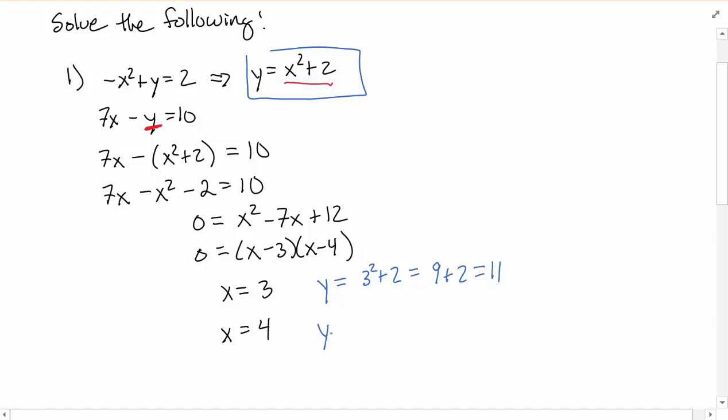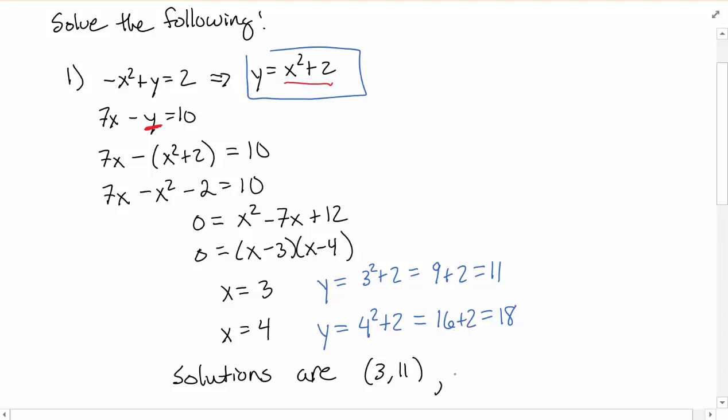And for x is equal to 4, y is equal to 4 squared plus 2, so that's 16 plus 2, which is 18. So my solutions are the ordered pairs 3 comma 11 and 4 comma 18.